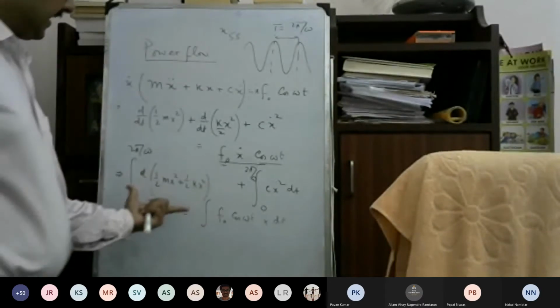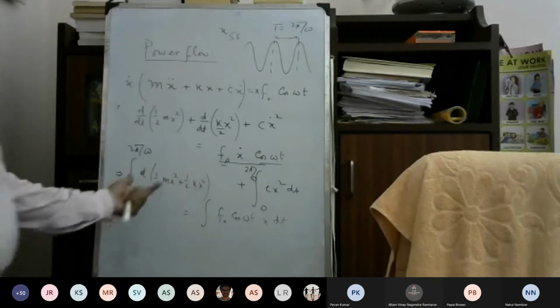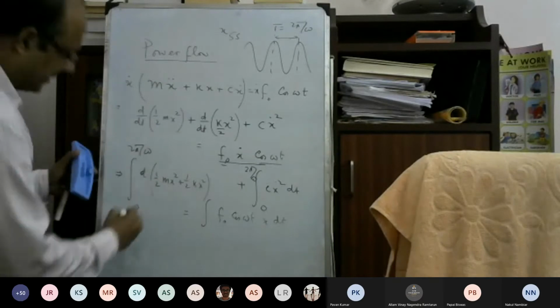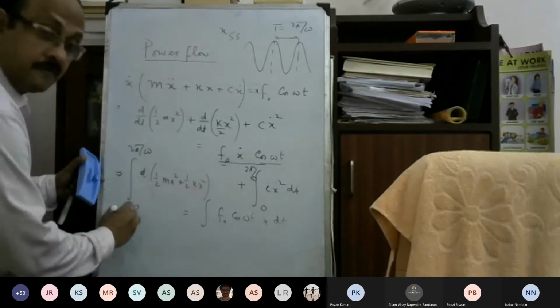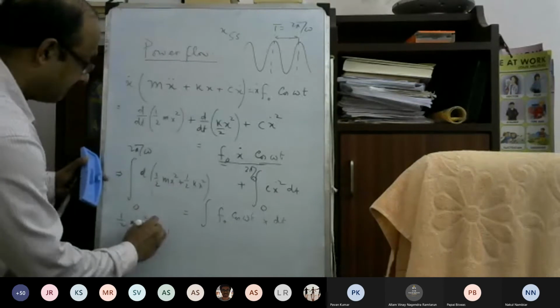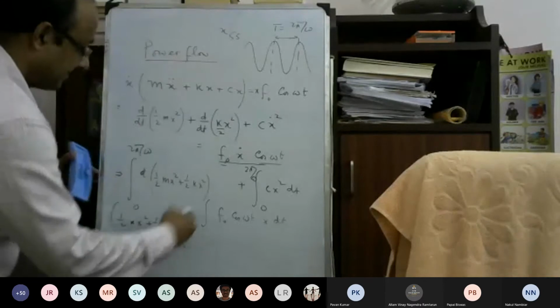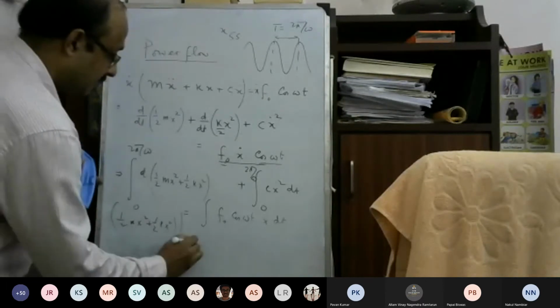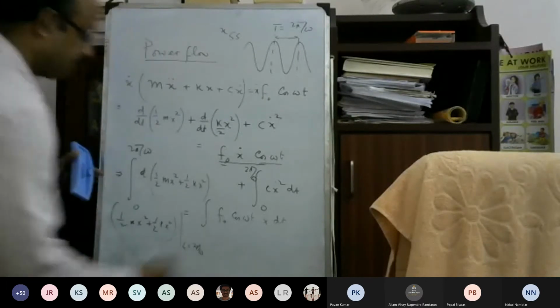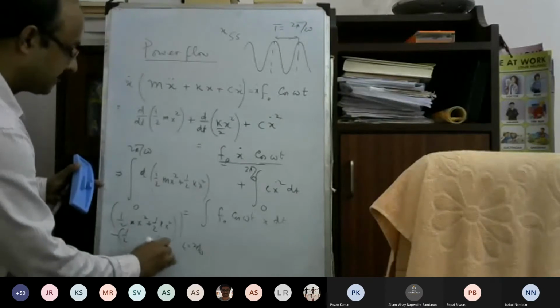You see, this integral will vanish because this will be half m x dot square plus half k x square at t equal to 2 pi by omega minus this same thing at t equal to 0.